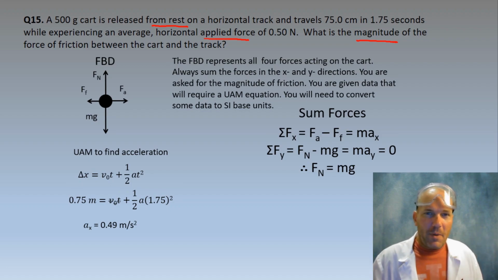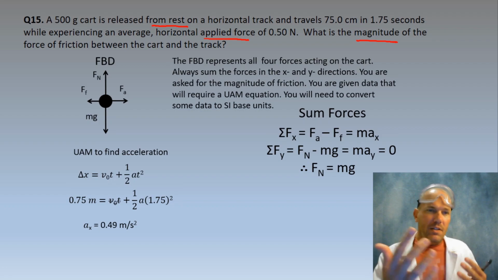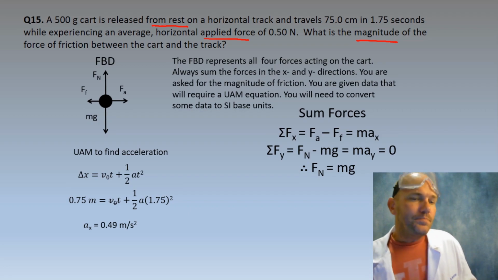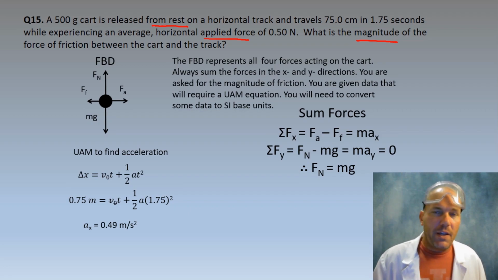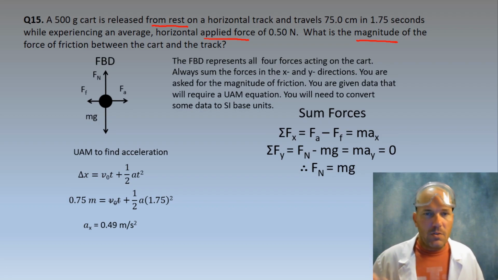Now, let's go back to Unit 1 and use a UAM equation. So we need to convert these values into base SI units, in other words, meters and kilograms. So the UAM equation that works well here is the change in horizontal position is equal to the initial velocity multiplied by time plus 1/2 acceleration time squared.